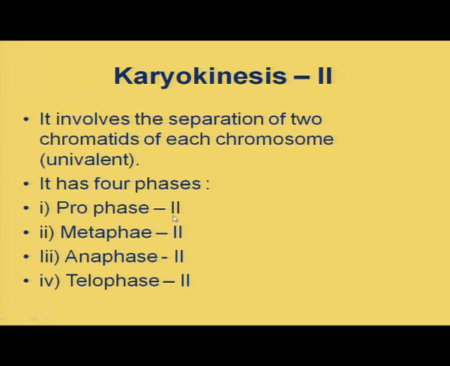Prophase 2, Metaphase 2, Anaphase 2 and Telophase 2. 2 indicates the second nuclear division, since all these stages, prophase, metaphase, anaphase and telophase, belong to the second nuclear division. So, it is written as prophase 2, metaphase 2, anaphase 2 and telophase 2.